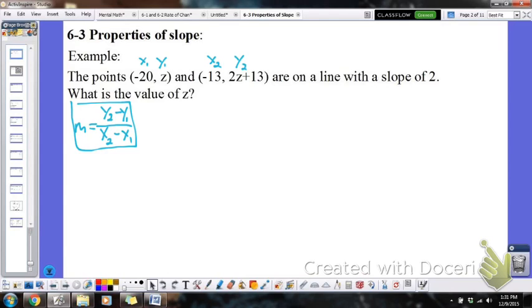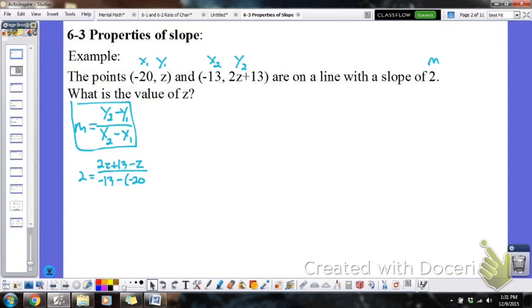And it says we have the line with the slope of 2, so I know that 2 is my m. So I can substitute in what I know into my formula. Well, I know m is 2, so I have 2 is equal to y2, which was 2z plus 13, minus y1, which was z, over x2, which was negative 13, minus x1, which is negative 20.